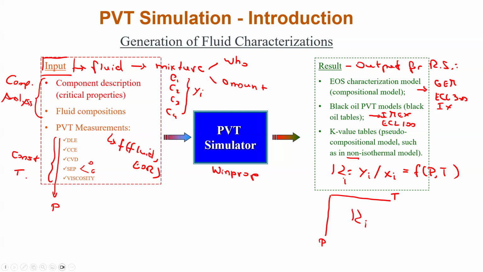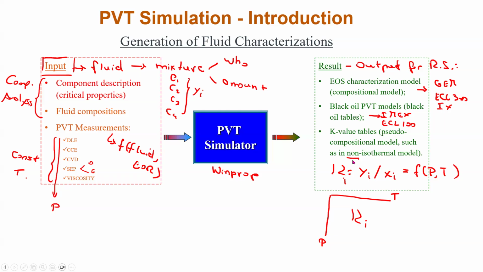So the k-values table is one way to simplify the compositional approach. It's a simplified version, so it's called the pseudo-compositional model.